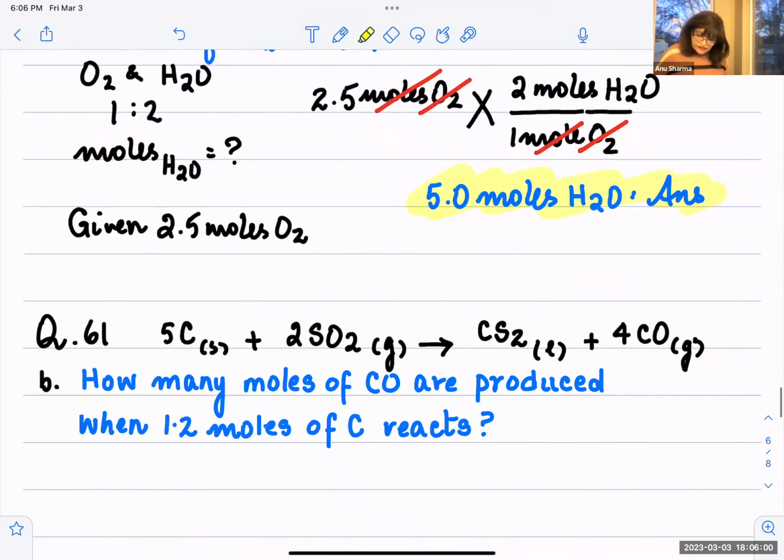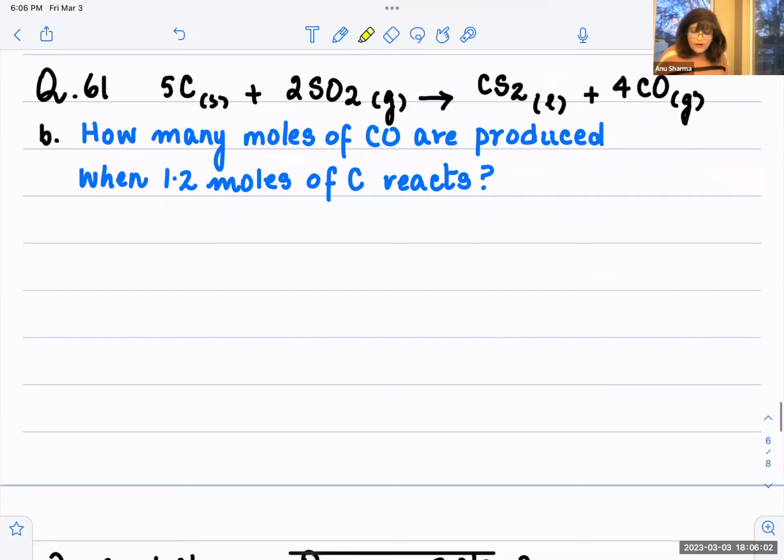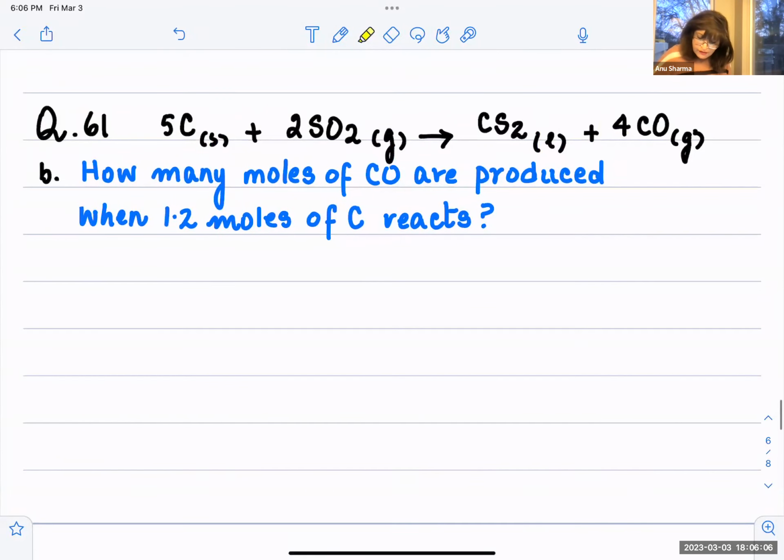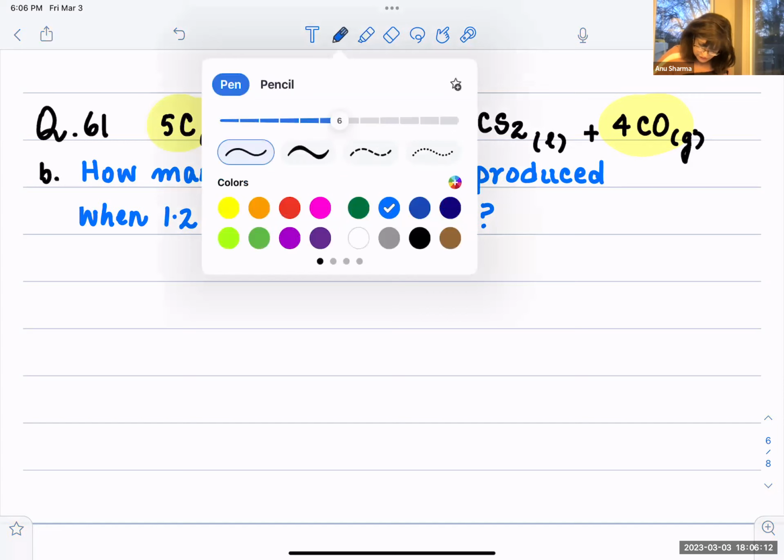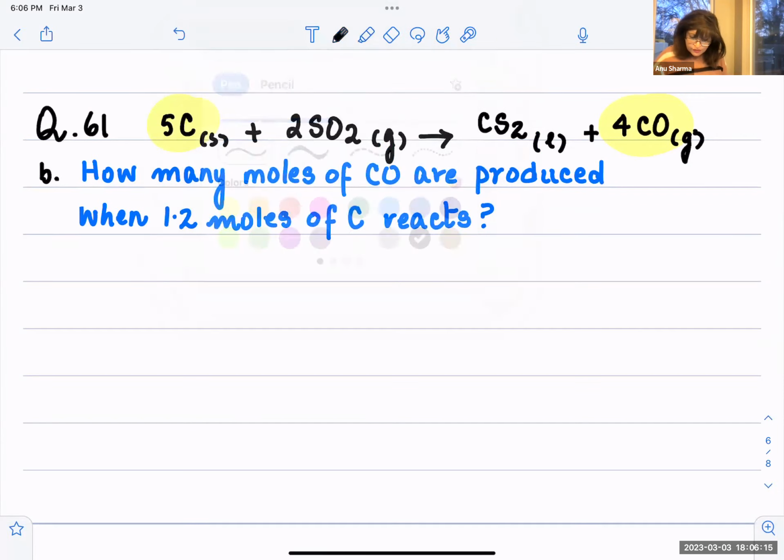All right, next is: how many moles of carbon monoxide are produced when 1.2 moles of carbon react? So here we are looking at the relationship of carbon monoxide to carbon. Same thing, write down all the things that are given to you.